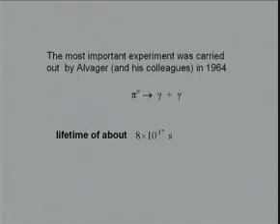This was experimentally verified by Alvager and his colleagues in the year 1964, where they took a mu-meson moving with a velocity which is very close to that of light. Now, when it is emitted, it disintegrates to 2 gamma ray photons with a very small mean lifetime of 8 into 10 to the power of minus 17 seconds.